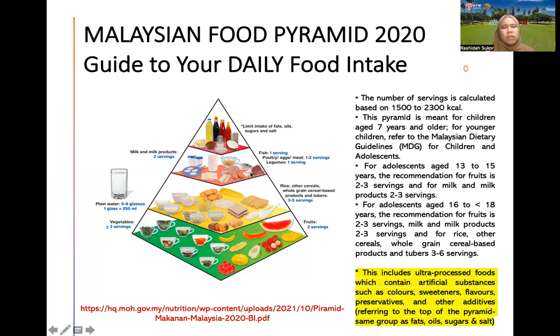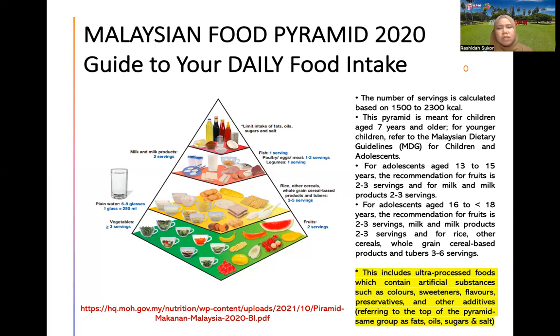This one is protein food. You can get it from fish, meat, legumes, about 1 to 2 servings. The least is the limited intake of fats, oil, sugar, and also salt. You can click this one; it is from this link, and you can read through the pages.